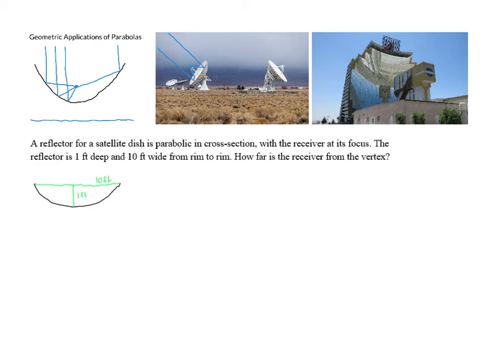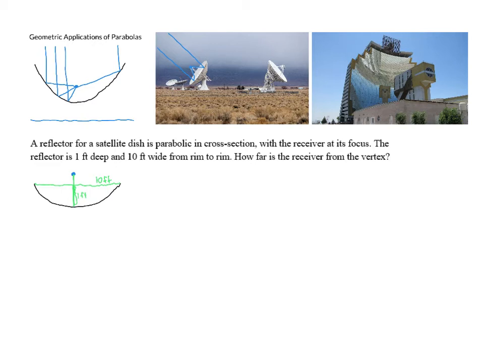So we know that there is a receiver somewhere up here, and we want to know the distance from the receiver to the vertex. We want to know this longer distance. 1 foot is the shorter distance, but we're looking to figure out this longer distance.